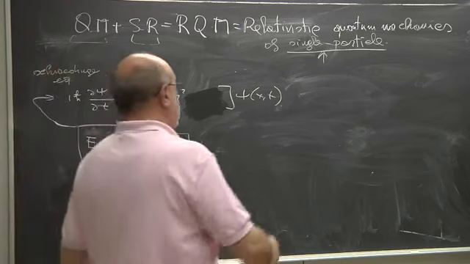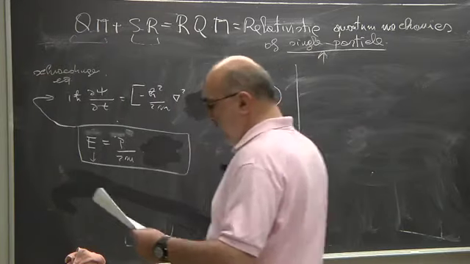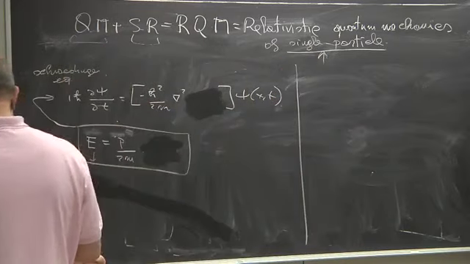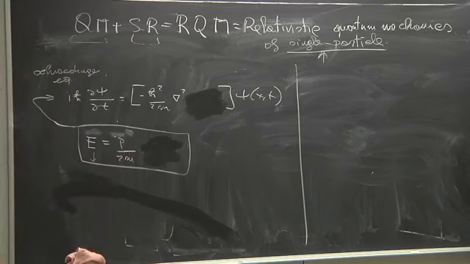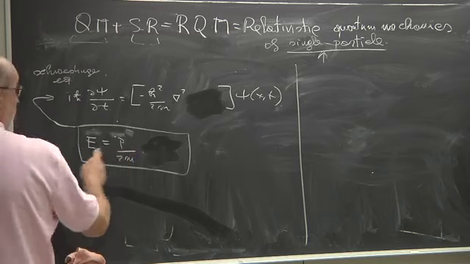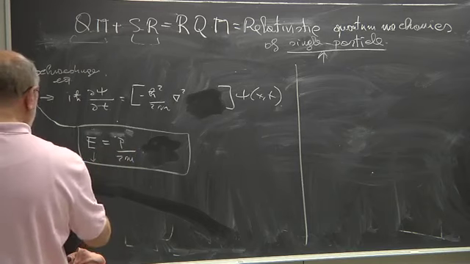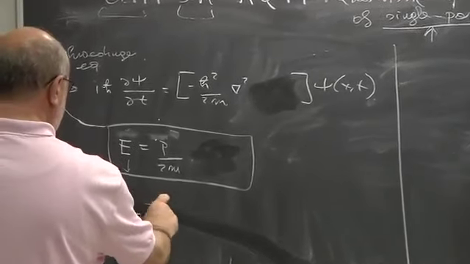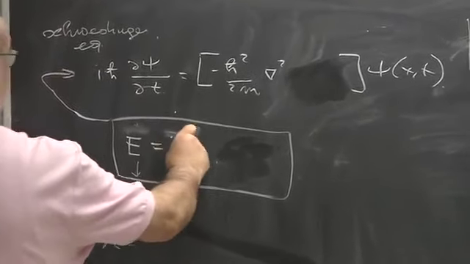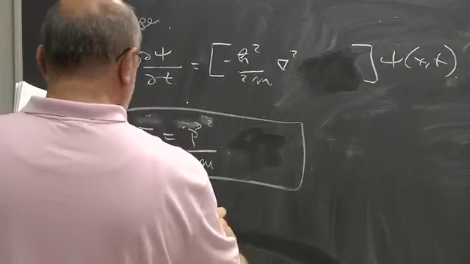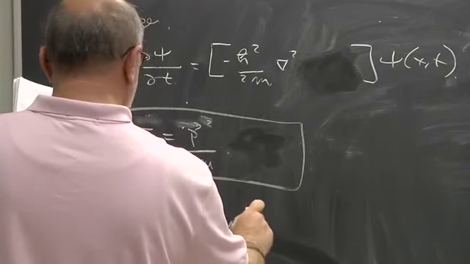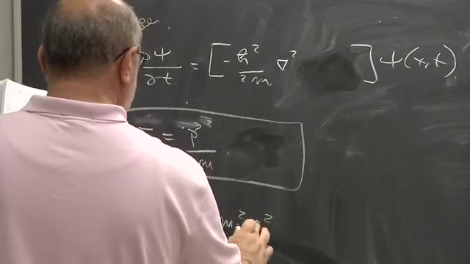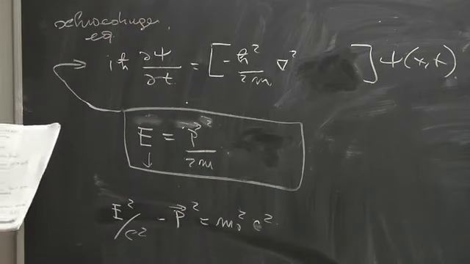This is not the relation we have in the relativistic case. If you remember, the relation was the following: E squared over c squared minus p squared equals m0 squared c squared. This was the mass-energy relation.